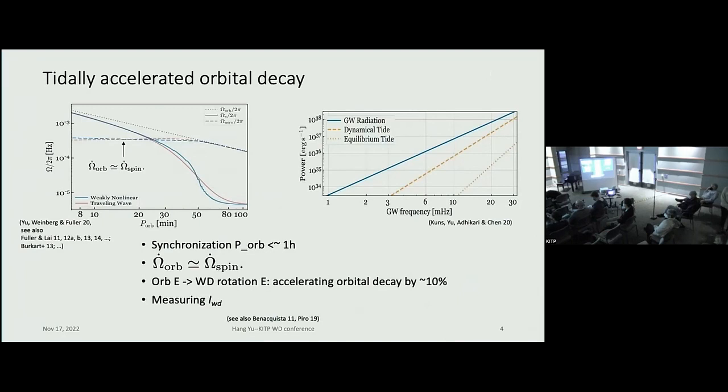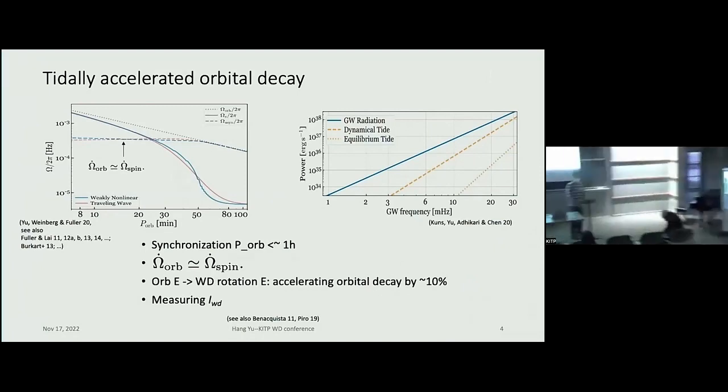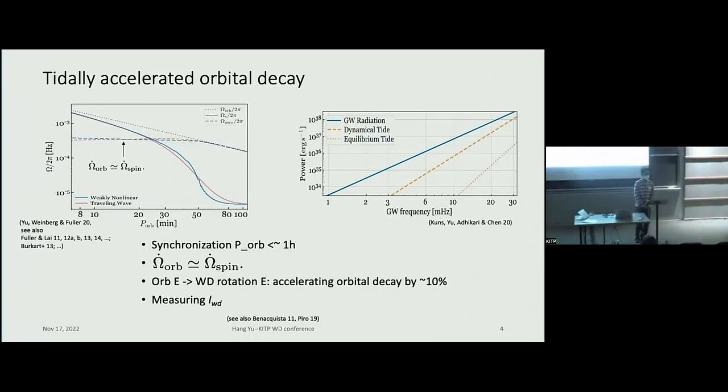Well, I guess one thing is that if the system is synchronized, we have a clear power law. We know the tidal energy transfer as a function of frequency.